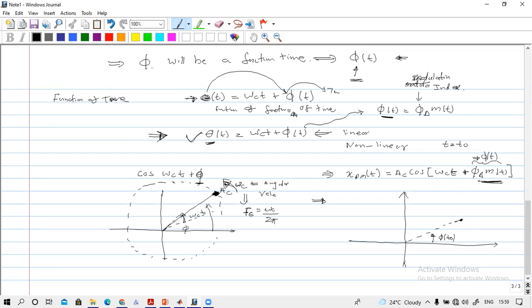Then up to here, it is also traveling with respect to omega c, no? So what is the total distance he traveled because of this velocity and because of this phase shift? Both distances he will travel, no?